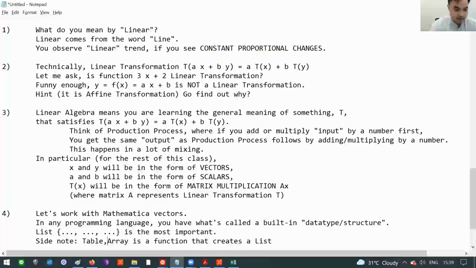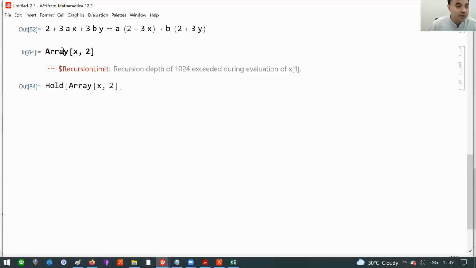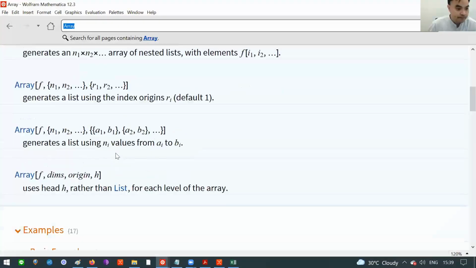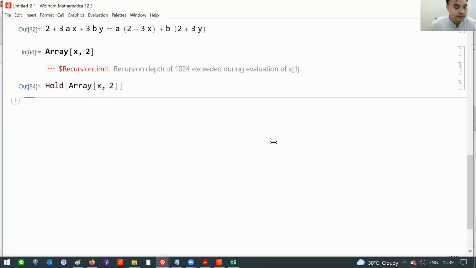Table, arrays, etc. are built-in functions that create a list. Okay, so if you go to here, you see that an array, okay, an array creates something followed by this.